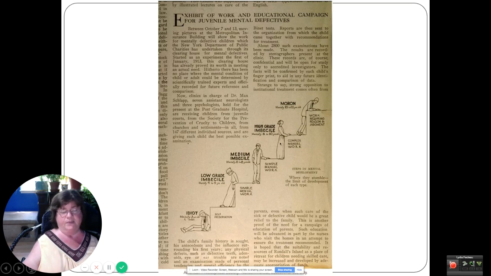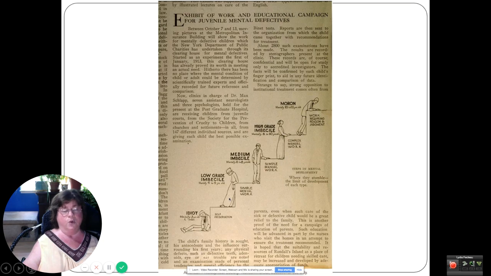Now our next step down, and again, remember these are not insults, these are medical terms, is a high-grade imbecile. This person, according to this study, is mentally 8 to 10 years old and can do complex manual work. Next is a medium imbecile, mentally 6 to 8 years old, able to do simple manual work.